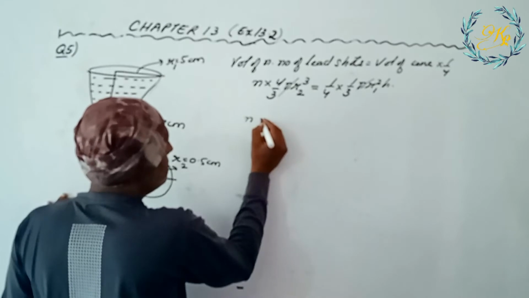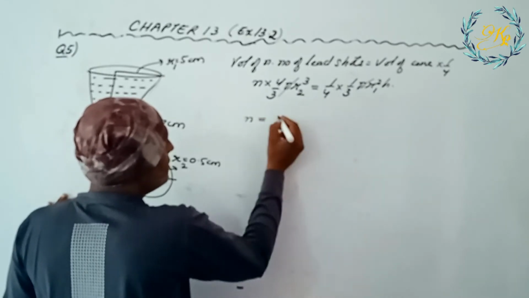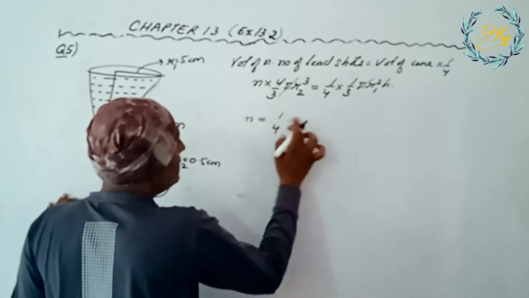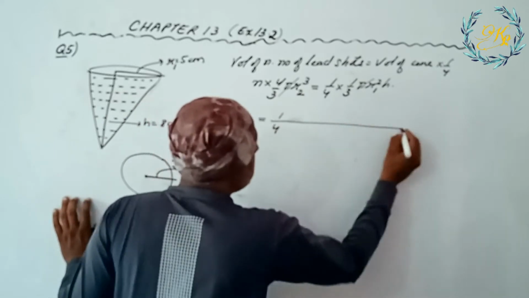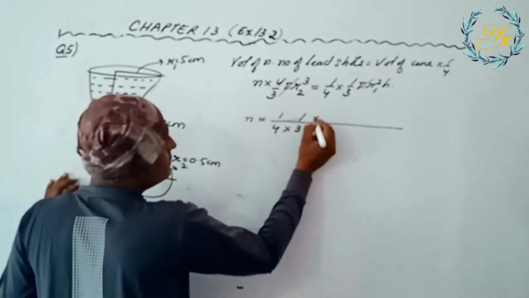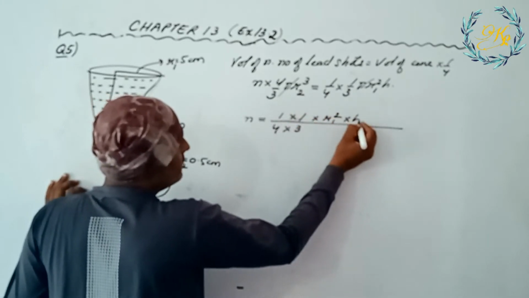Now let's try solving these values. We get n is equal to, let's write these values first, 1/4, or we make a big line, into 1/3 into r1 square into h.